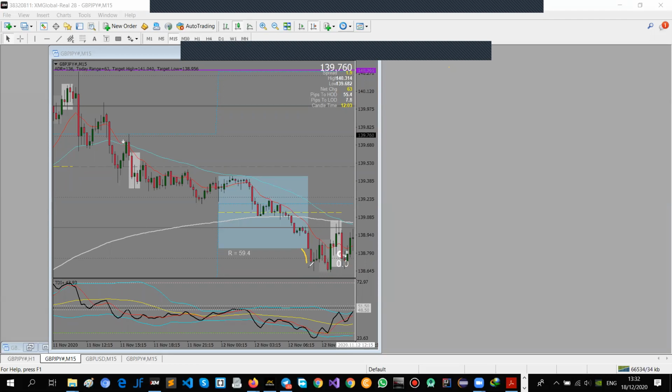traders were induced, then they were trapped and induced some more. Then the market makers shifted the price, then induced again, then shifted. This is the shift that we're expecting to continue, because according to our confirmations, it is telling us to buy.